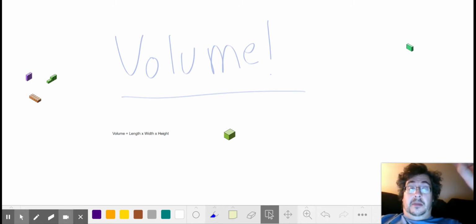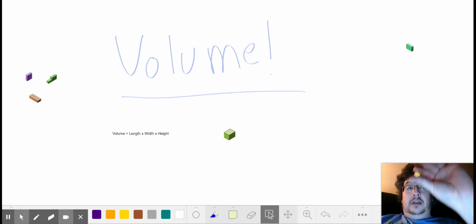So we could imagine in this case, each side of the cube is 1 centimeter. And so this would be 1 cubic centimeter. Now we can figure out how much volume is inside something or how much space something takes up by using these little cubes.